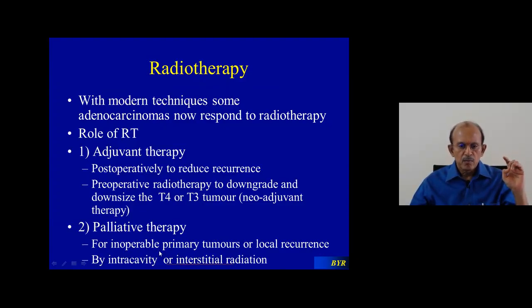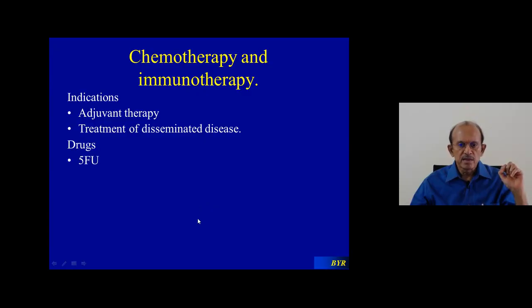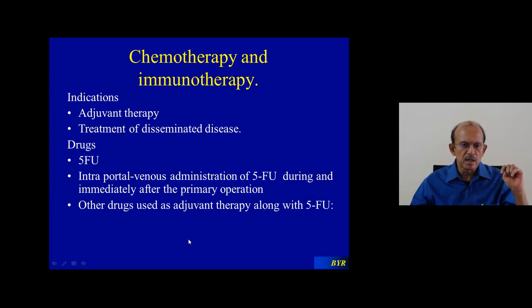The radiation can be given by intracavity or interstitial radiation. Chemotherapy indications: as adjuvant therapy and in treatment of disseminated disease. Drugs used are 5-fluorouracil, with intraportal vein administration of 5-fluorouracil during and immediately after the primary operation.